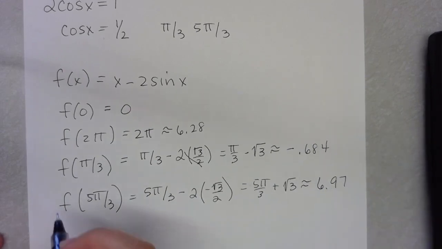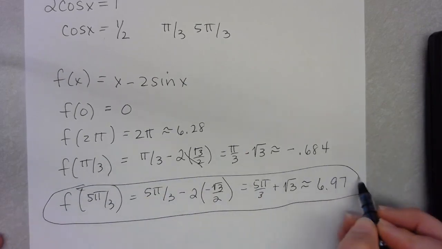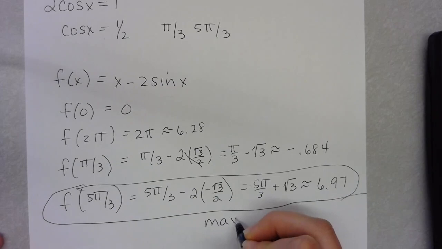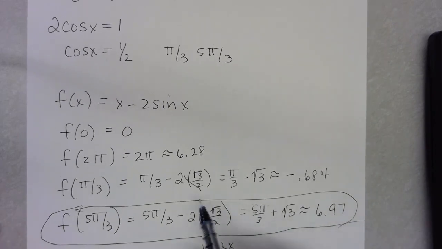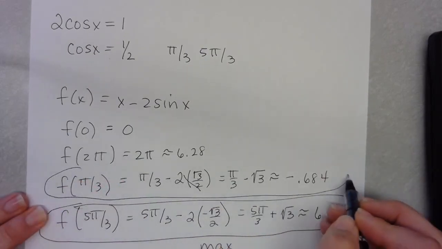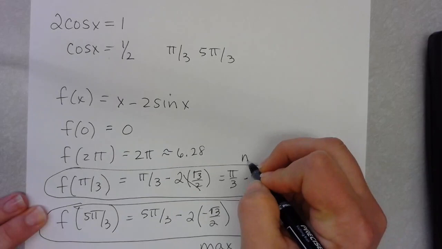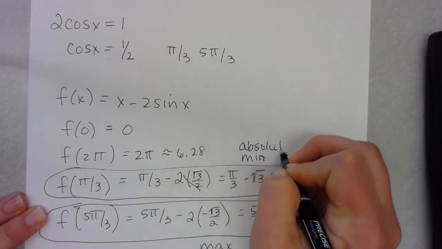Okay, so 5 pi over 3 is my winner for maximum. It's got the biggest y value in the interval from 0 to 2 pi. And then my smallest is the only one that's negative, which is my pi over 3 is my minimum. And these are absolute because they're in the closed interval.